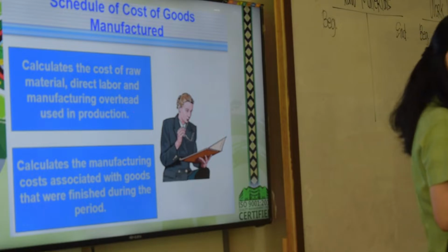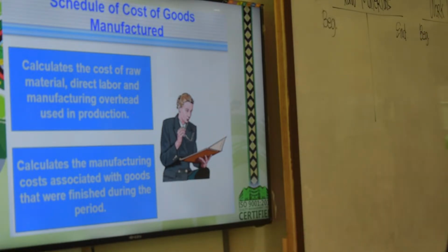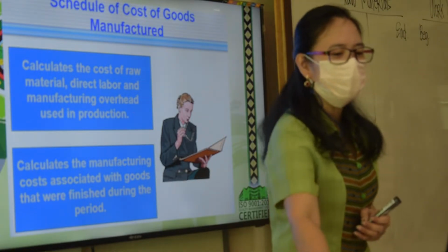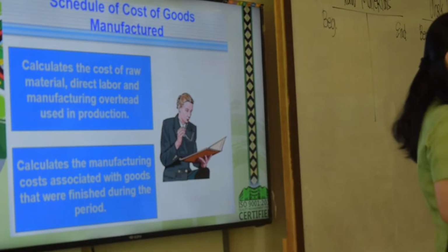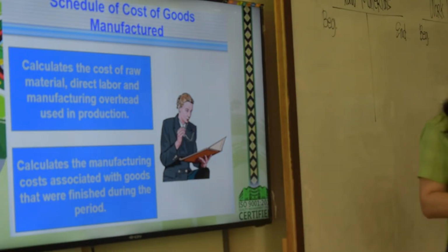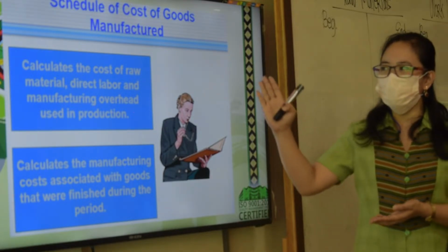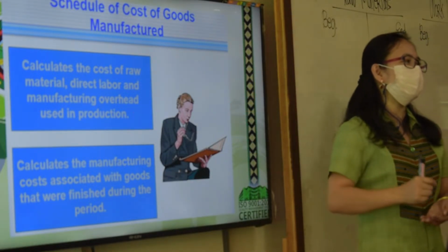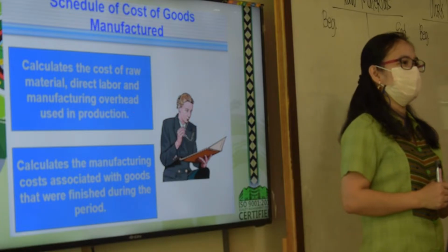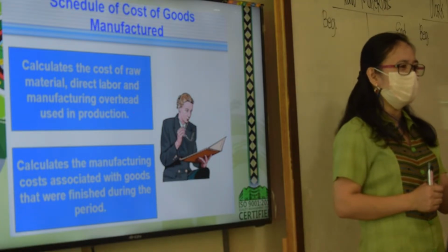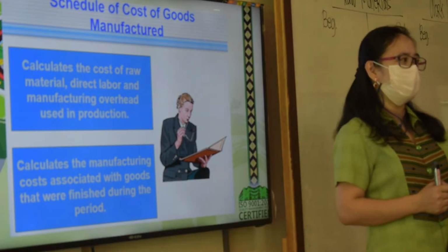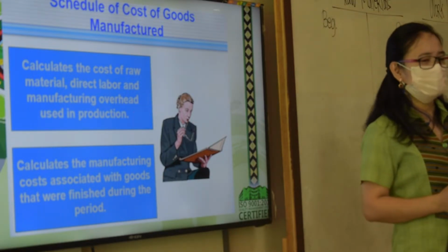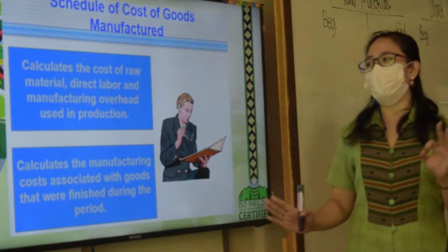Any question in the computation? So far, none. So, schedule of cost of goods manufactured. What is only highlighted in this slide is that the schedule always has information regarding the three costs: direct materials, direct labor, and then manufacturing overhead.